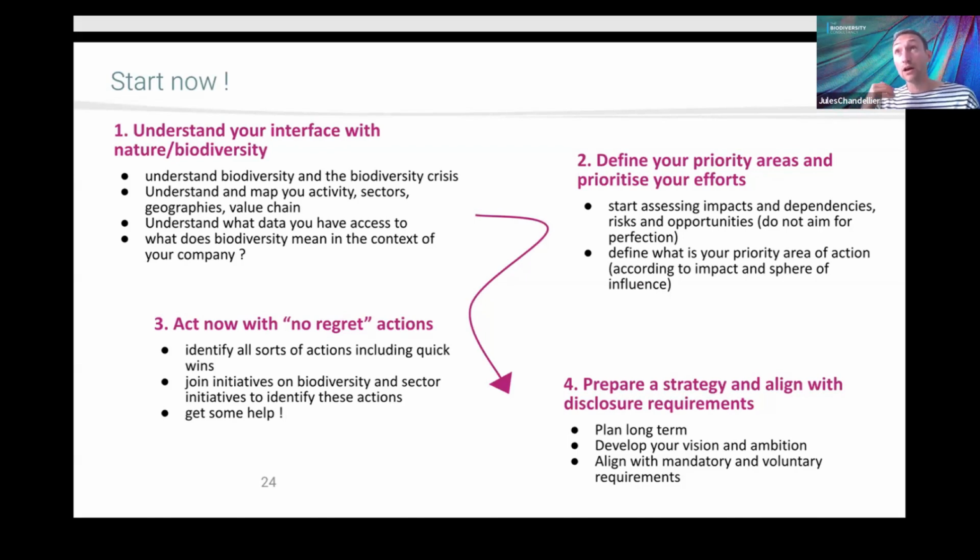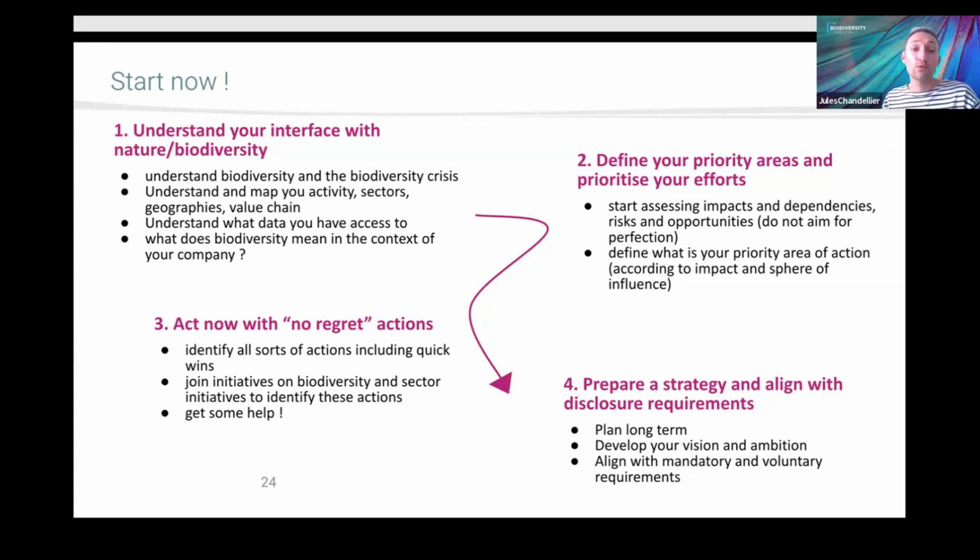Do you want to be the leader in biodiversity in your sector, in your region, or maybe that's not a priority right now and it's fine, you just want to have minimum standards, and that's already very good. But it's good to understand where you're going, especially aligning with mandatory, and sometimes voluntary, requirements.